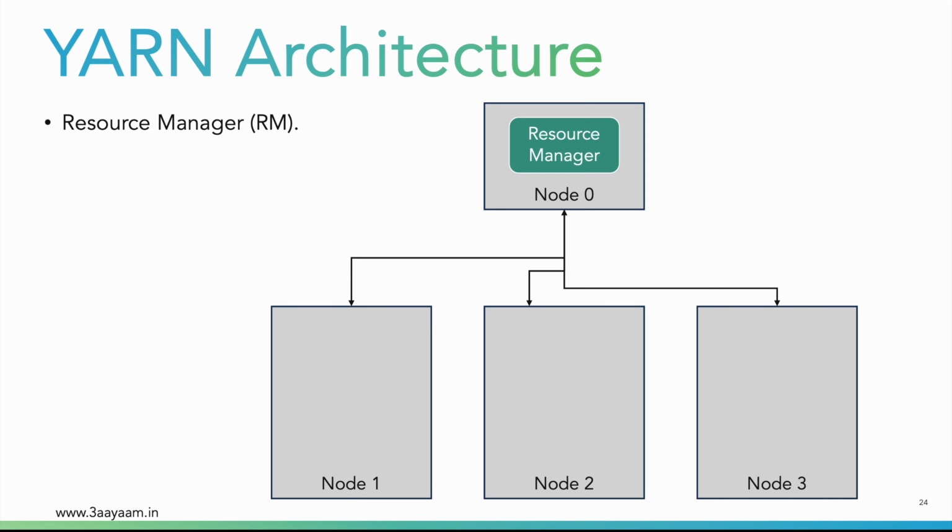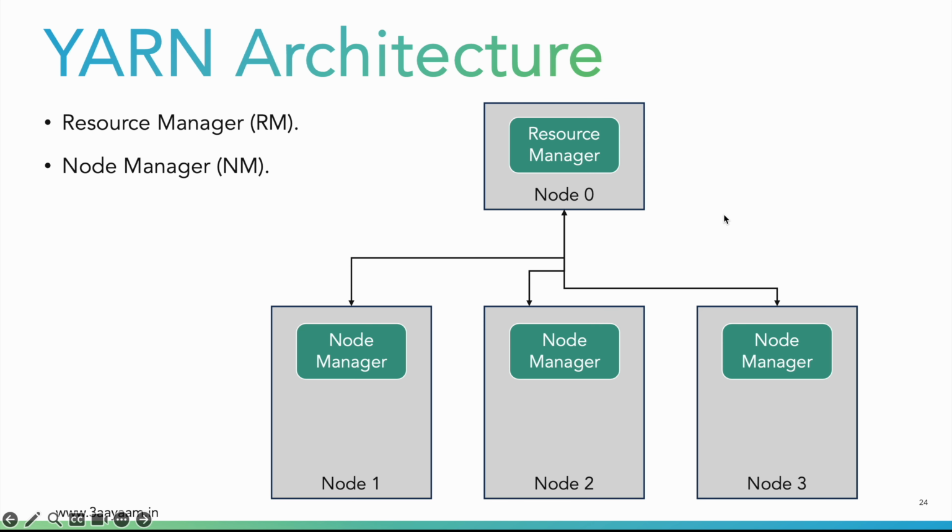And in the compute nodes, the component of YARN that is installed is called the node manager. So the resource manager component would be there in the primary or master node, and the node manager component would be there in all the compute nodes, or task nodes in case of EMR.